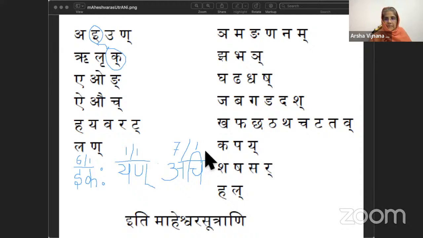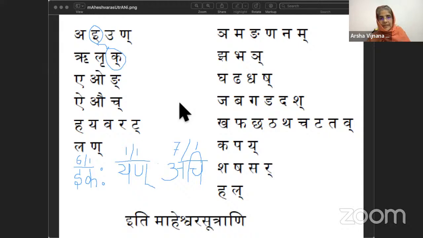Semi-vowels. So the simple vowels other than a are to be substituted by semi-vowels when ach follows. What is ach? I, u, r, lr, all the vowels.